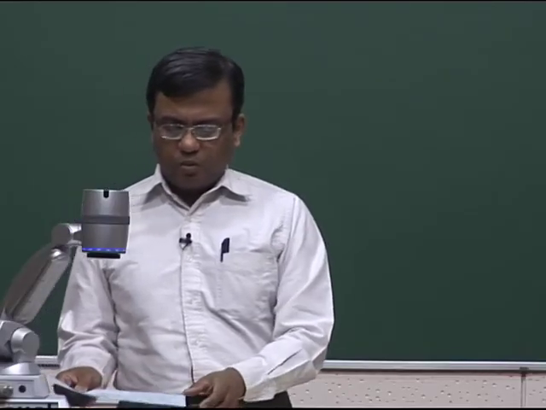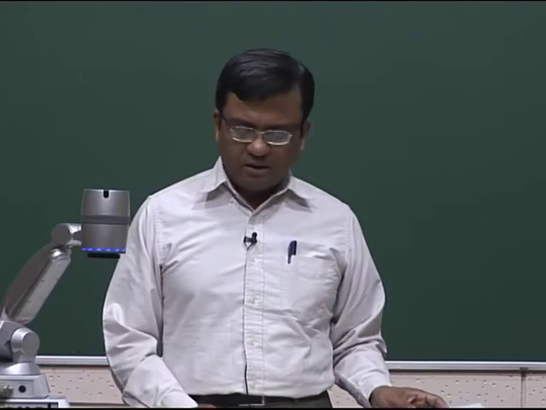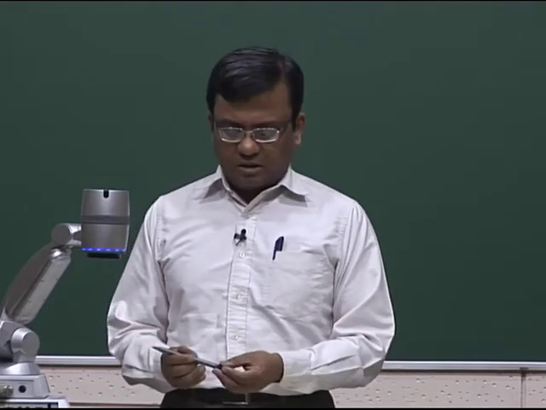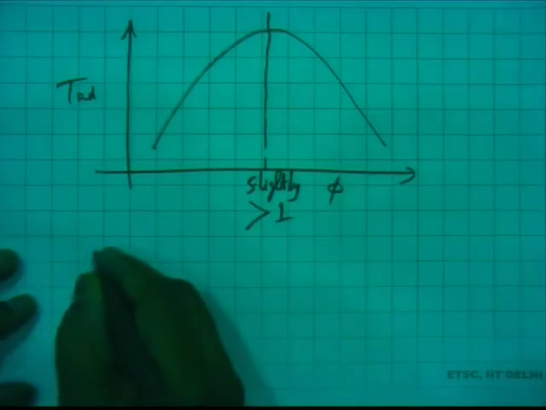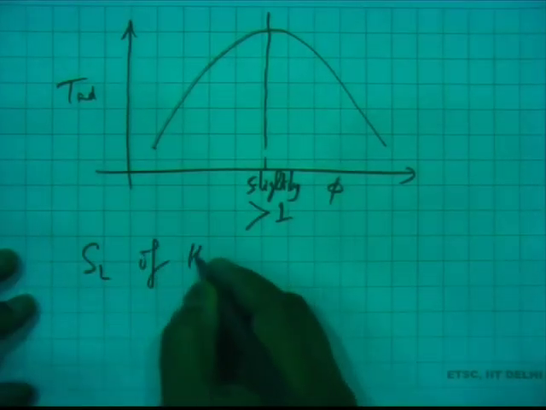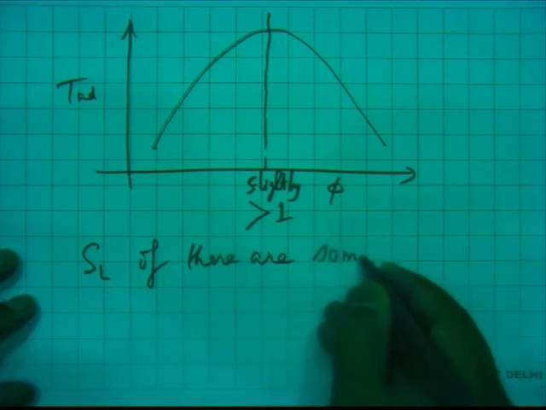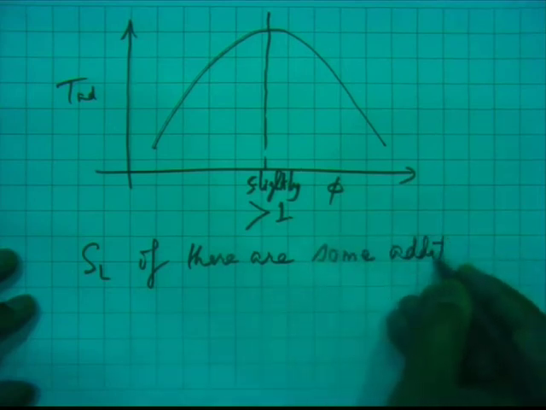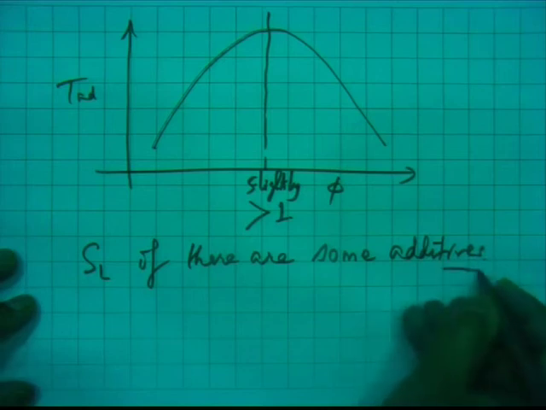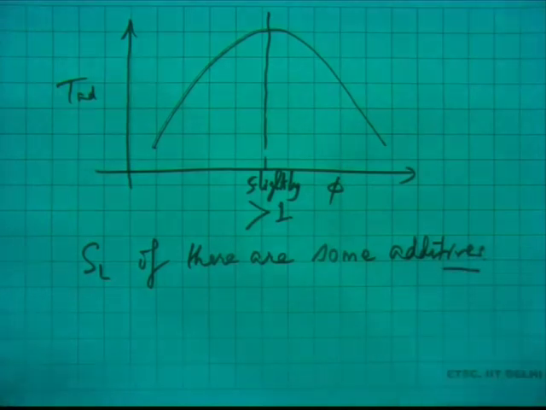Now, what else can we think of? We can also think of what will happen to SL if there are some additives. That is a big question to answer, because there can be different kinds of additives, but additives can affect the reaction in the flame.